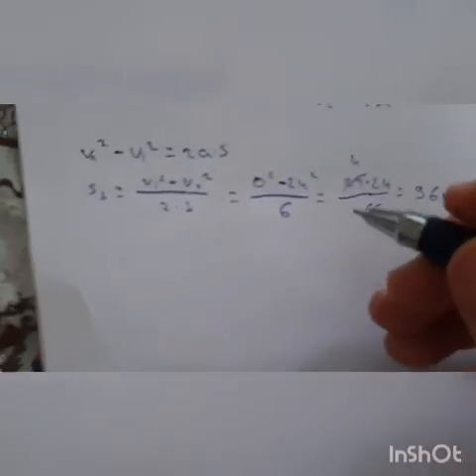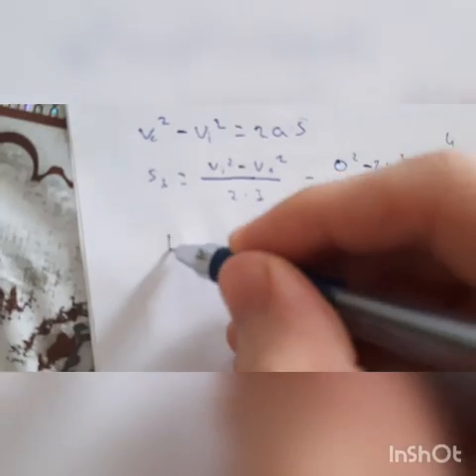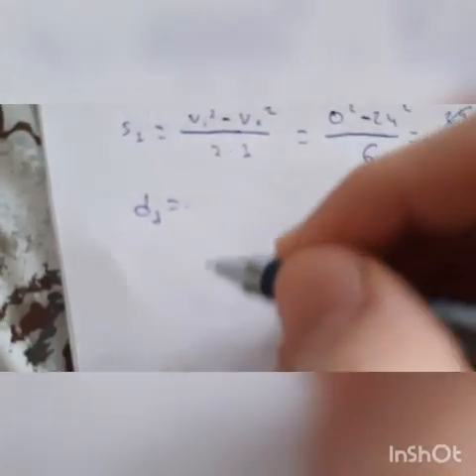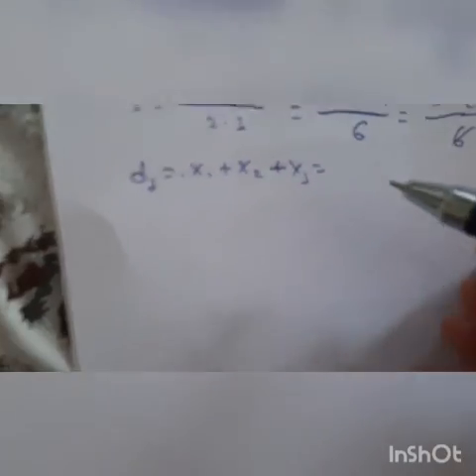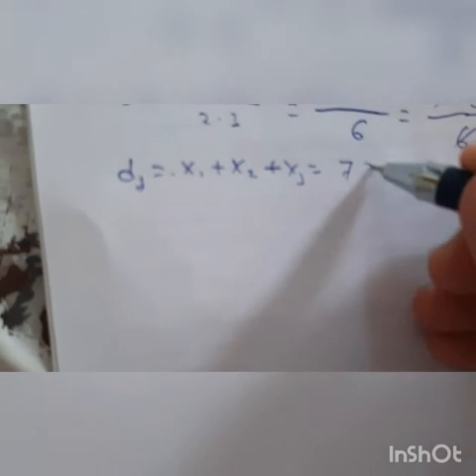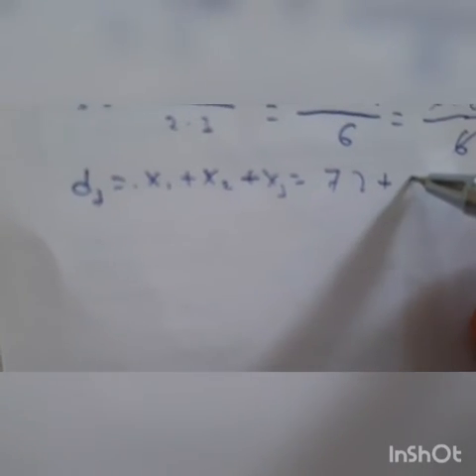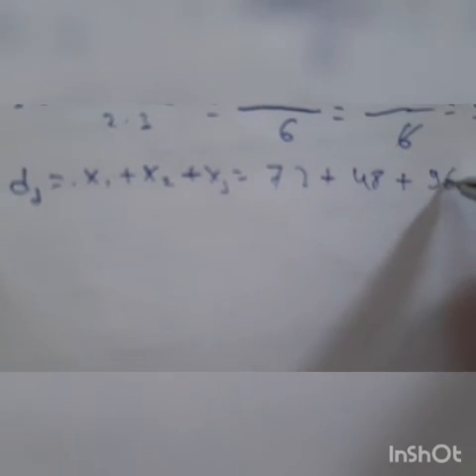Yeah. And with total distance, we write total distance, it's x1 plus x2 plus x3. We know that the first distance is 72, plus 48, plus 96.